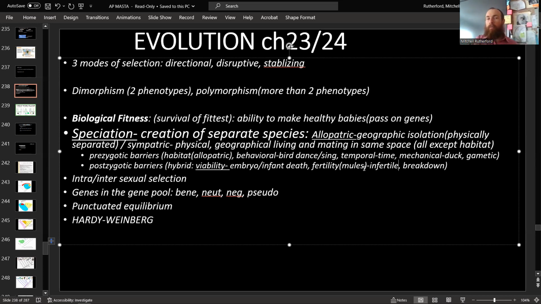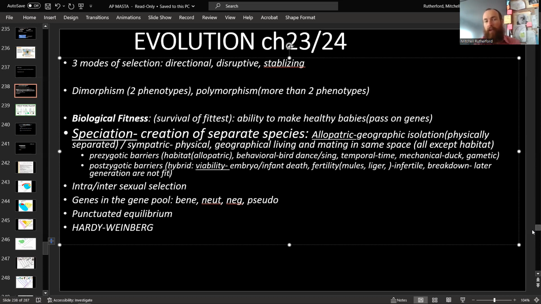This also with mules, we have things like the liger, the lion and the tiger, okay? Ligers, I don't think can have babies, but they're still relative. We have other things like lions and pumas make lumas, and all these big cats, for some reason, you can still mate a lot of them. I just think that they're not fertile. Or you have breakdown, where later generations are not fit or fertile.